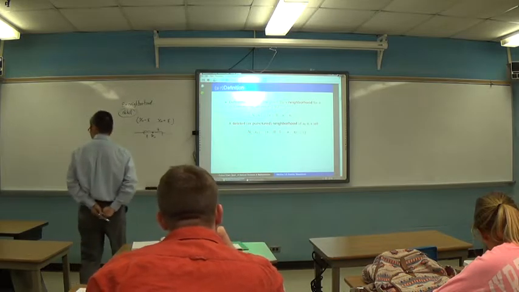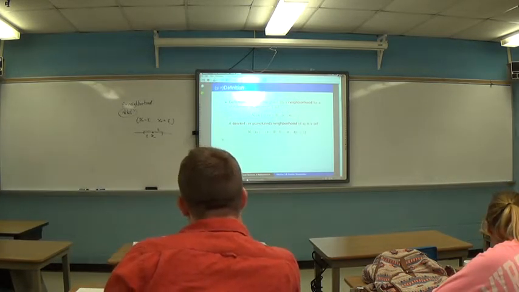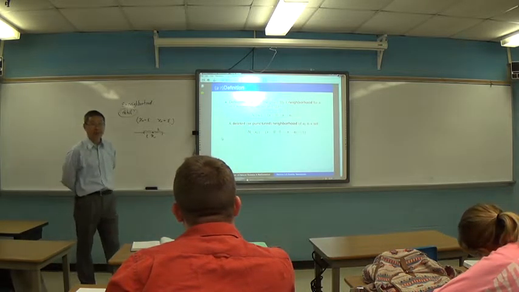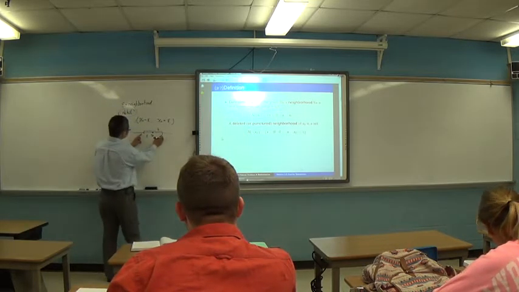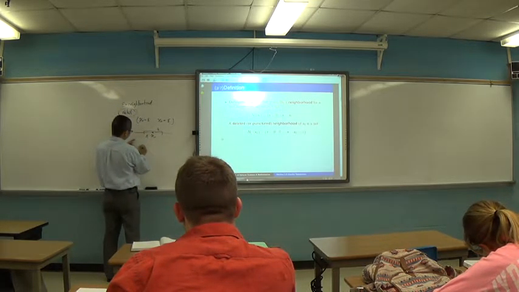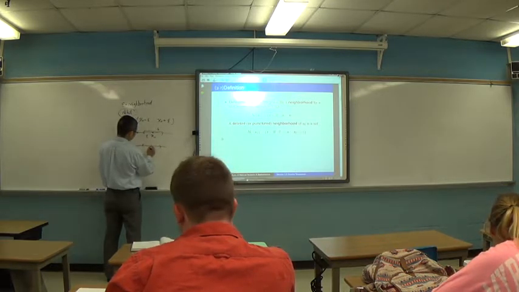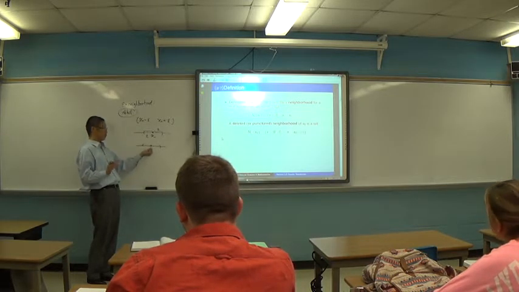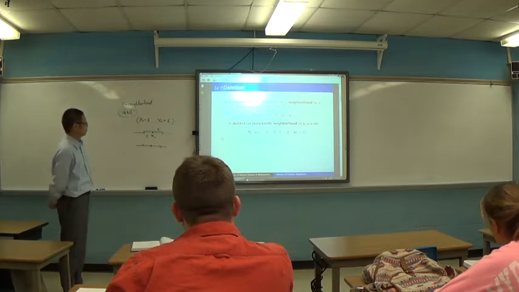Deleted means some point was deleted. Which point is deleted? x0, yes. This is the neighborhood of x0. Now what does the deleted neighborhood of x0 mean? A hole: an open interval, but the center is excluded.